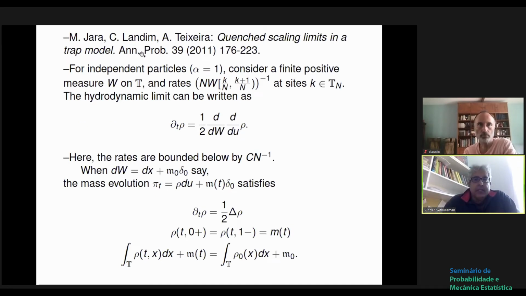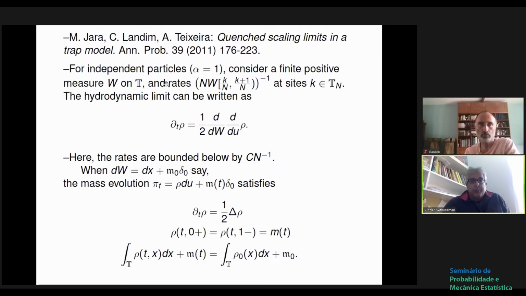Okay, so that's one paper, and we were also very much interested in this paper of Milton, Claudio, and Augusto, which considered, in some sense, the zero range also in a trap environment. You can think of many defects, and they were considering independent particles.